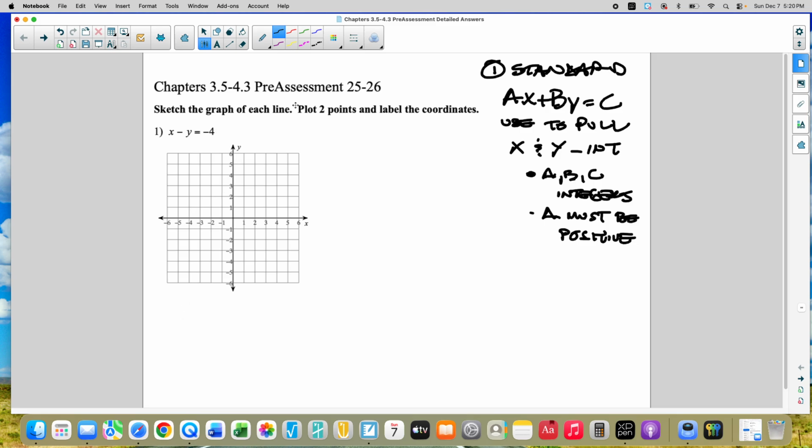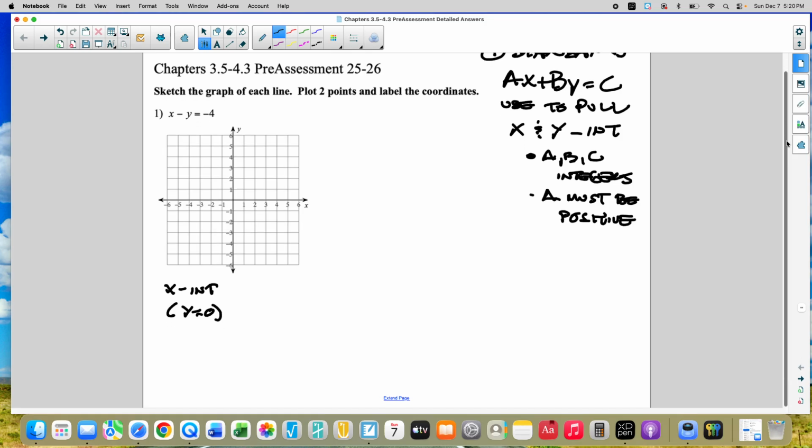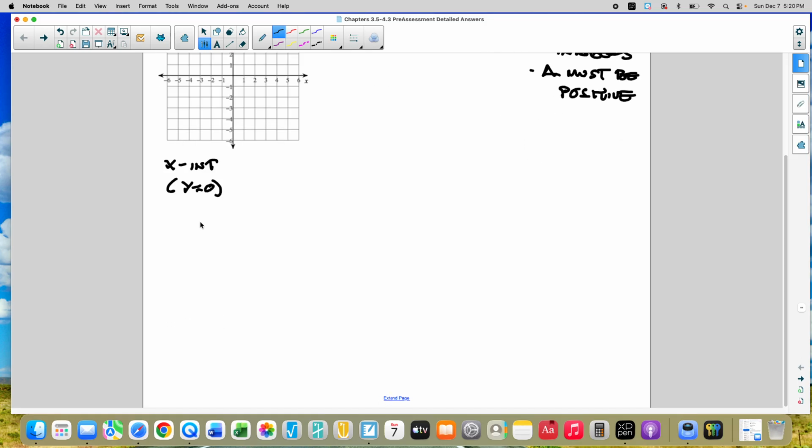So let's now talk about how we sketch this. Well, we want to find the intercepts. If you were going to look for the x-intercept, we know that y equals 0. Every x-intercept y value is going to be 0. So you take this equation, x minus y equals -4.